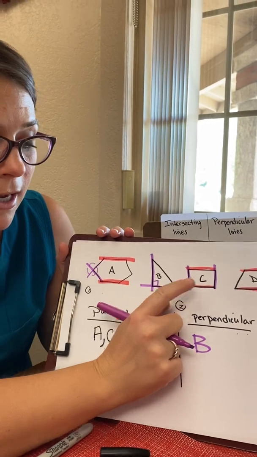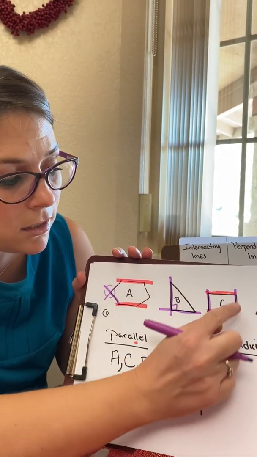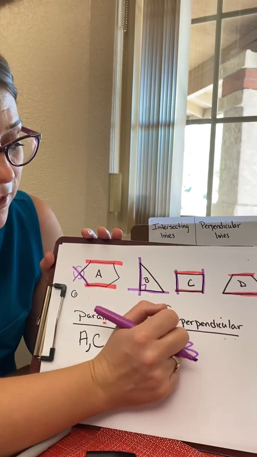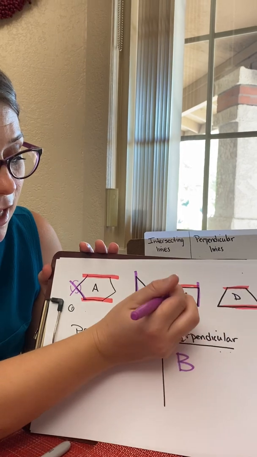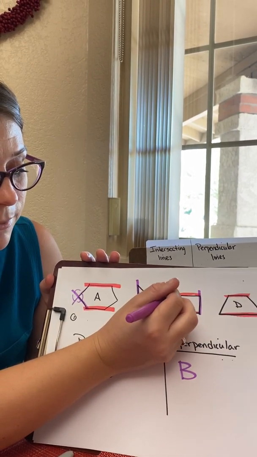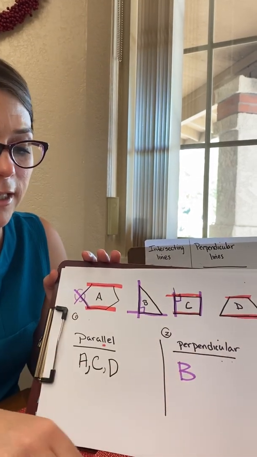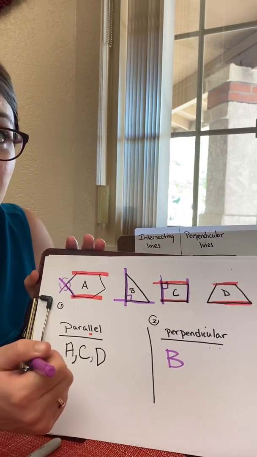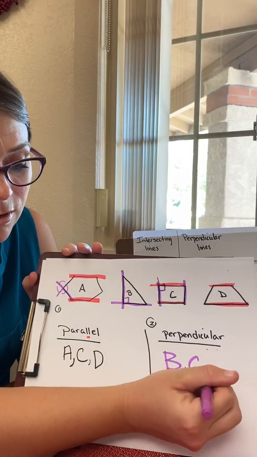Now I'm going to look at C. And this is actually good that my lines are different colors. It doesn't matter which side you're looking at, I'm going to look at right here where a pink and a purple intersect, because my purple is there, my pink is there, they're intersecting, and they also create a 90-degree angle, which means that this is also perpendicular.